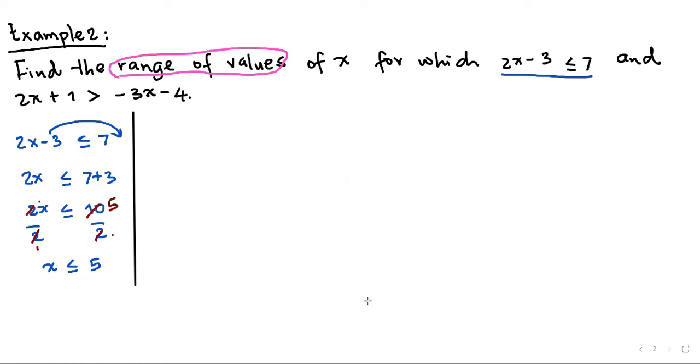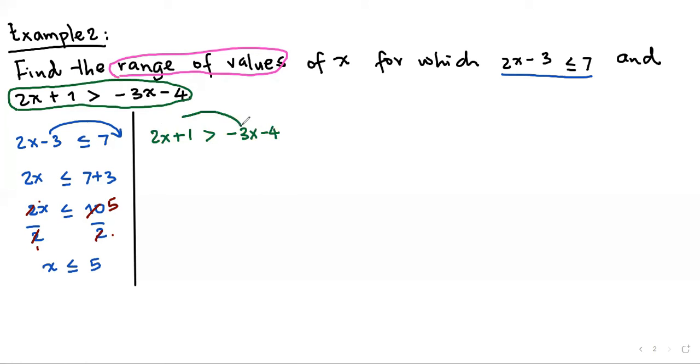Now, in the next step, we will solve the second inequality, which is this one. So we are going to have 2x plus 1 is more than minus 3x minus 4. So this time, we will bring minus 3x this side, and then we take 1 this side. So then we will have 2x plus 3x is more than negative 4 minus 1.